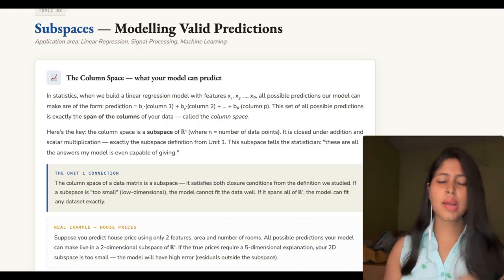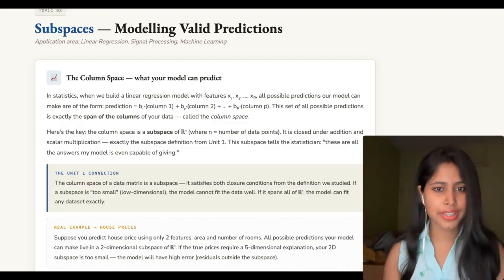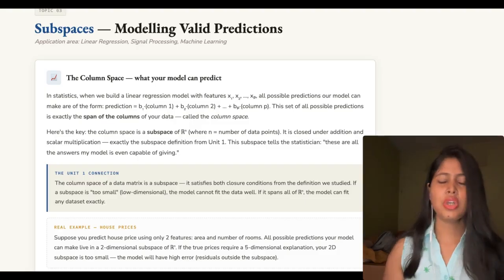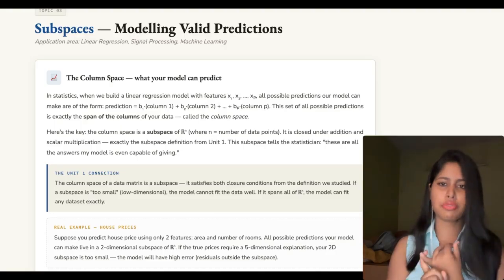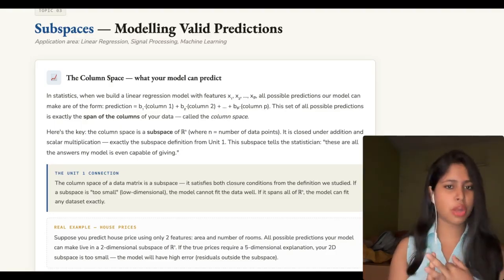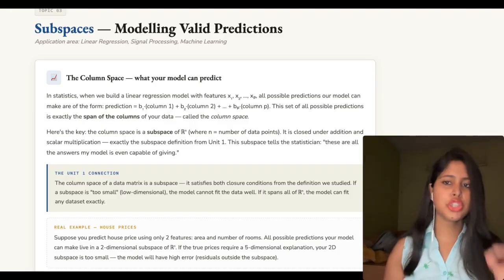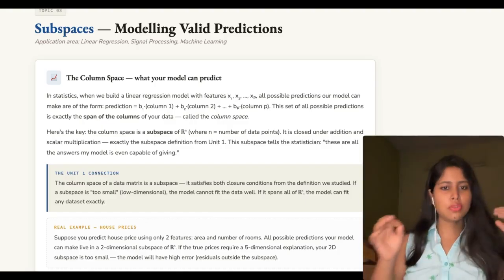Now, the killer application of subspaces in statistics is understanding what a model can and cannot predict. Now, here is the idea. Just think about it. When you build a linear regression model with, say, three features, for example, area of a house, number of rooms, and distance from the city, every prediction your model makes is of the form what?